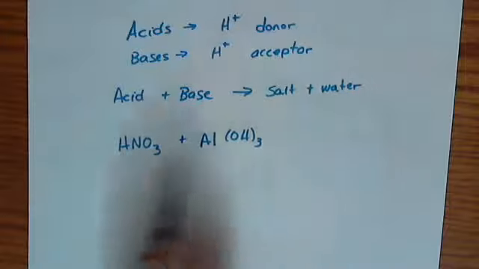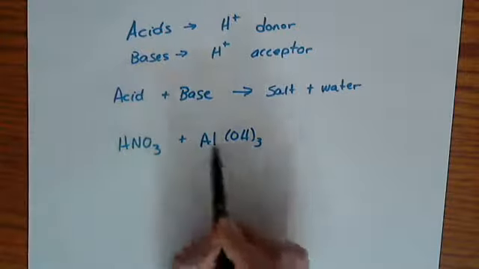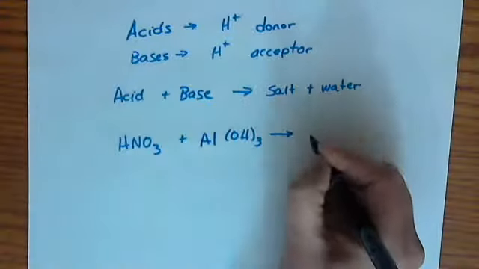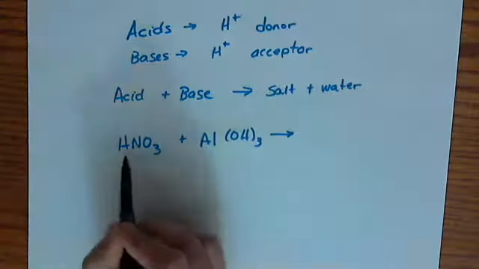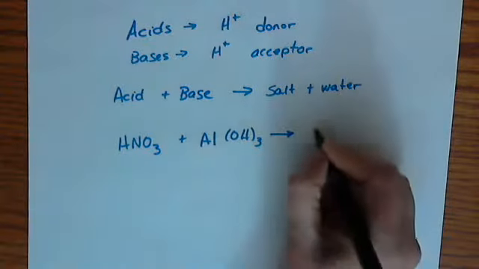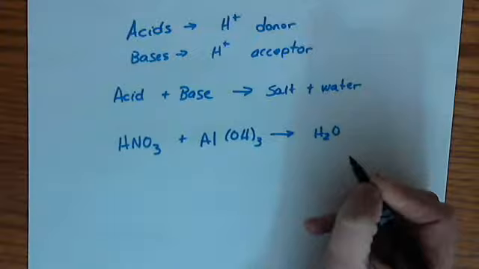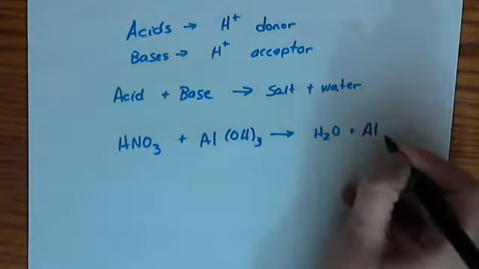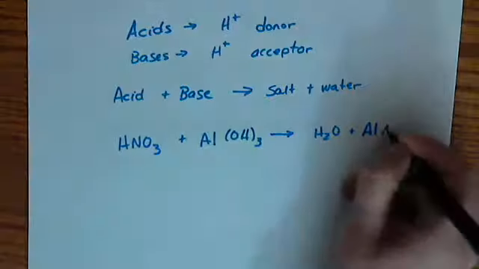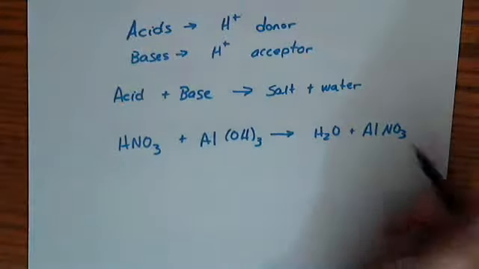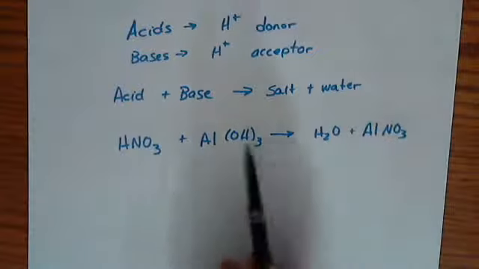What we're going to do is separate this into its ions, and with this hydrogen and these hydroxides, we're going to produce water, and we're going to be left with an aluminum nitrate.